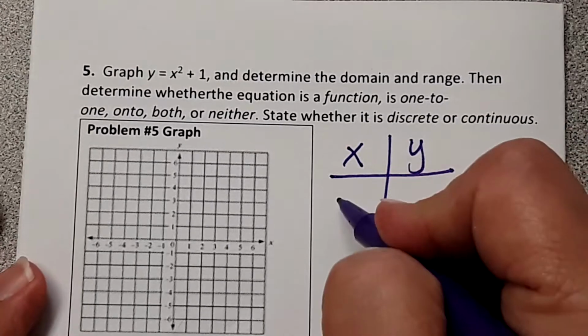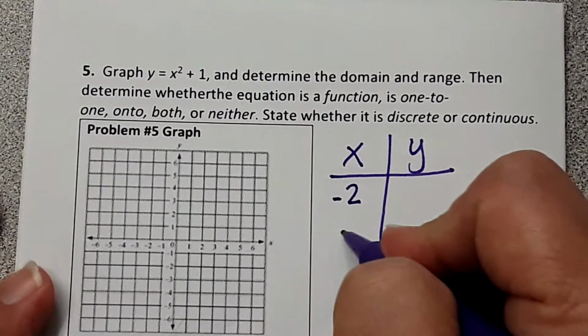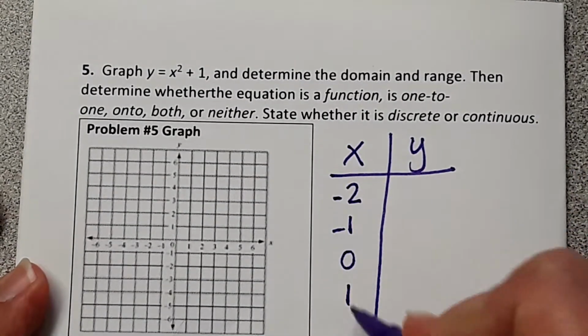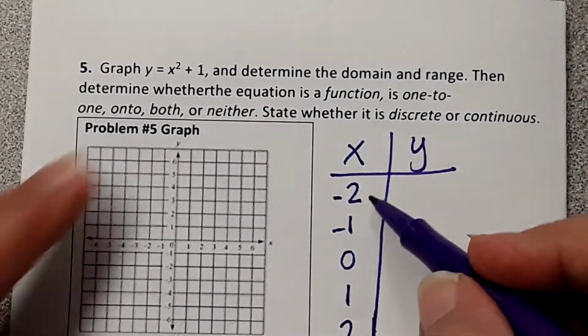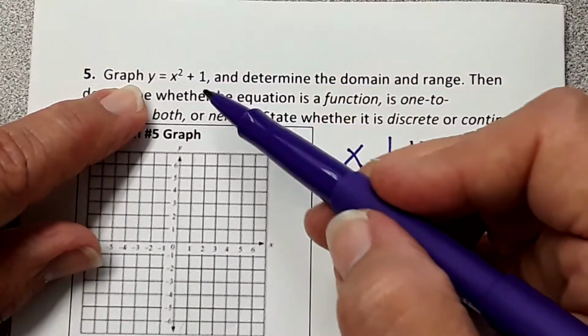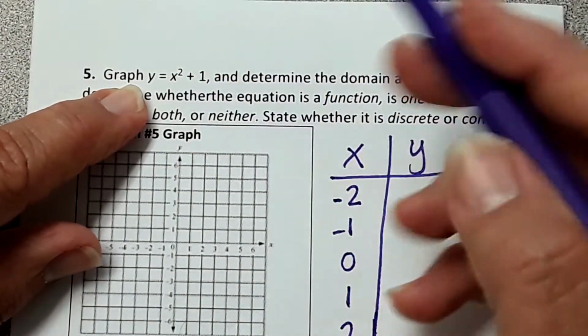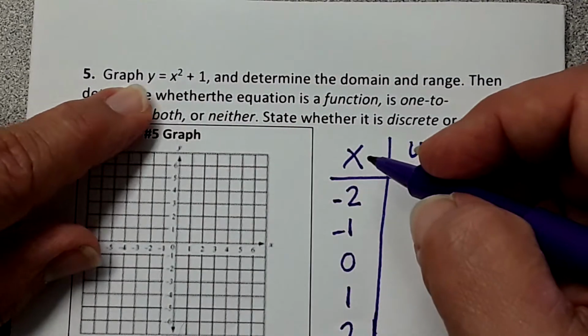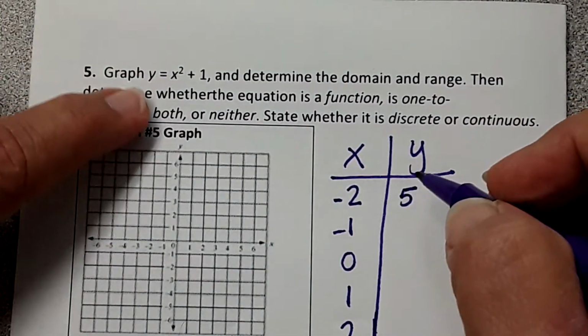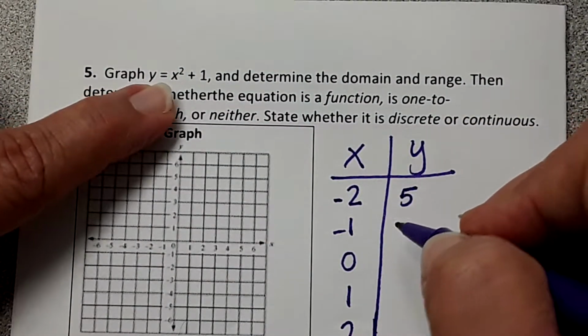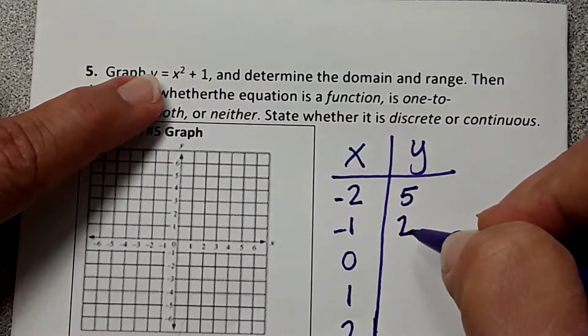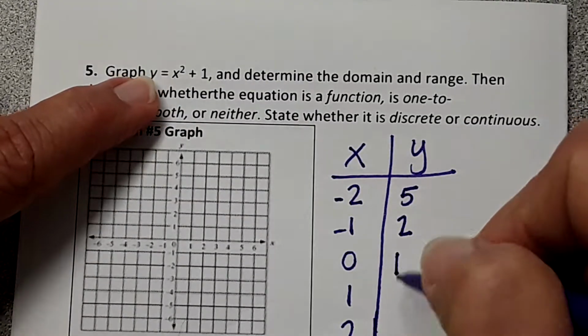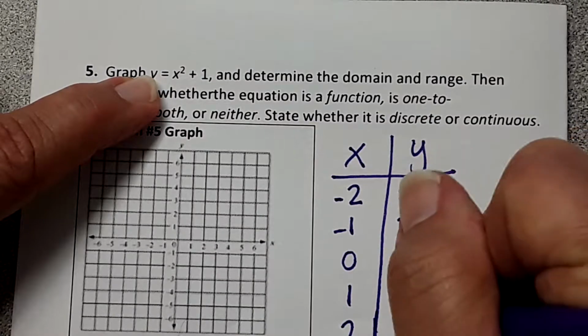So we'll start with -2, -1, 0, 1, 2. -2, and we're going to take it and we're going to plug it into here. So -2 squared would be 4. 4 plus 1 is 5. -1 squared is 1. 1 plus 1 is 2. 0 squared is 0, plus 1 is 1. 1 squared, so this is 2 and this is 5.